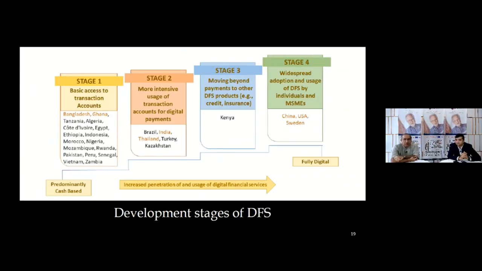And that explains a lot as to why China, USA, and Sweden are very high. It also explains why they're able to have DFIs. So if you compare stage one and stage four, Malaysia will probably be in stage two, if I'm not mistaken. Correct me if I'm wrong. Malaysia will probably be in stage two, while you put Vietnam in stage one. But Vietnam is doing very well, according to your figures, although only in stage one.